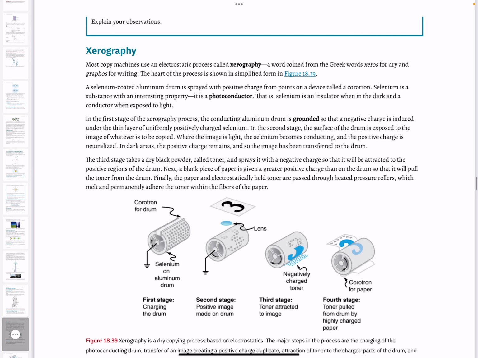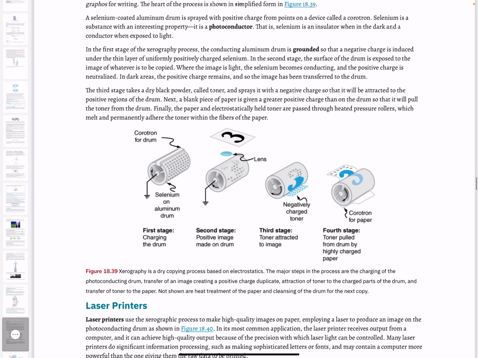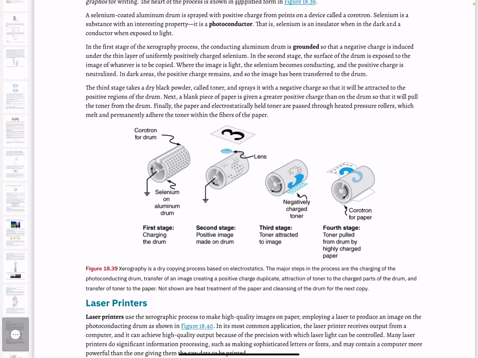So xerography. This is how we make copies of things. We have this drum, and it actually is coated so that you can put charges on the drum in certain spots.